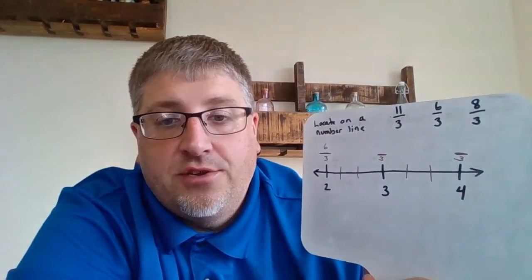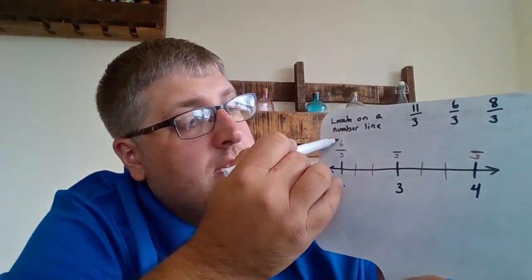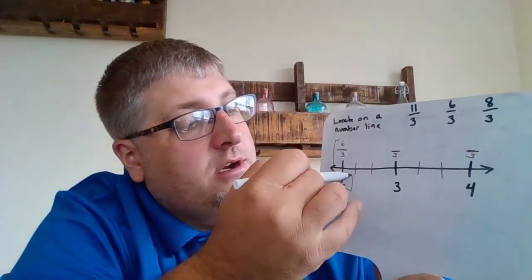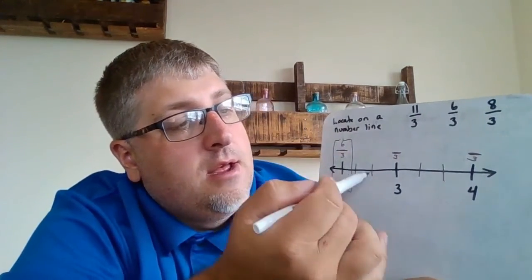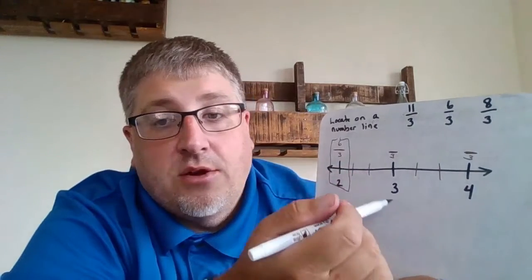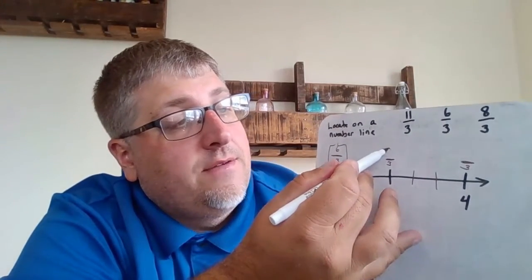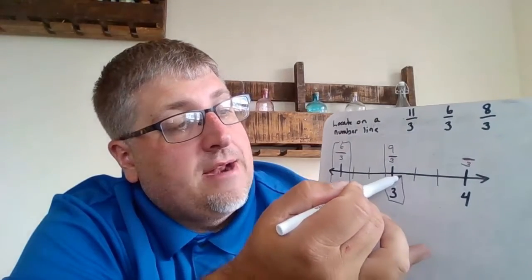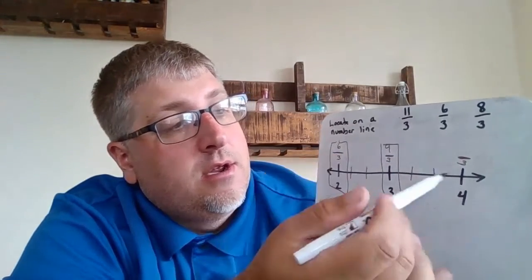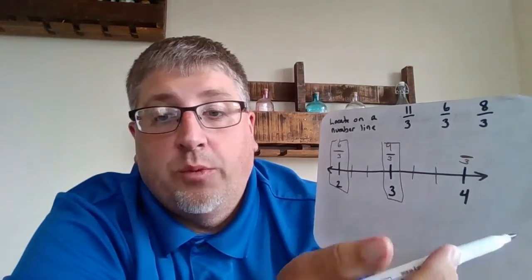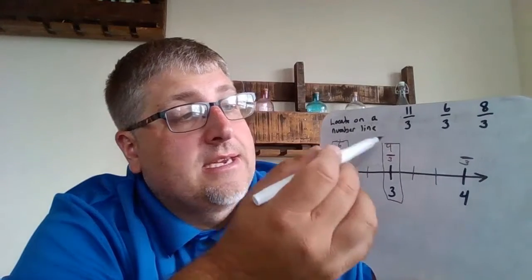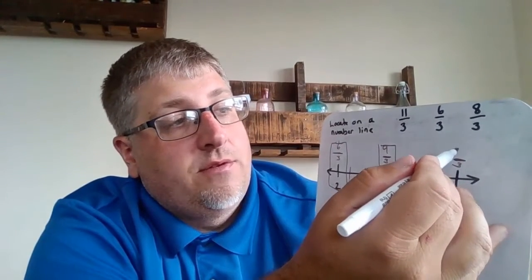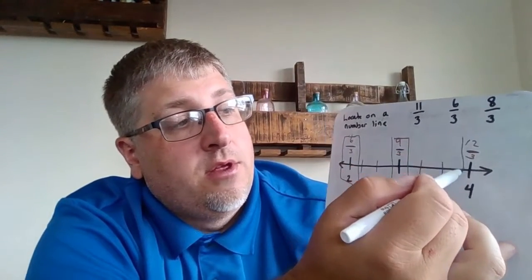So 6 thirds is the equivalent fraction here. Then 3 and 3 here, so 3 times 3 is going to give us 9 thirds. We'll fill that equivalent fraction in. And then 4 and 3 here, we know, just by looking at this, 6, 9, this is going to be 12 over here. 12 thirds, and that is our equivalent fraction.